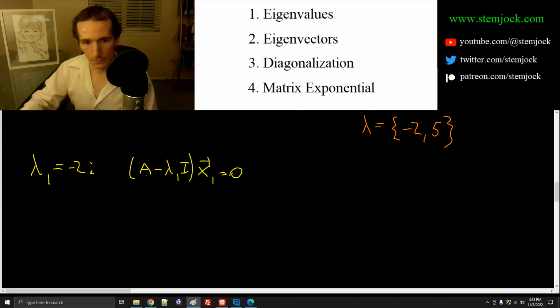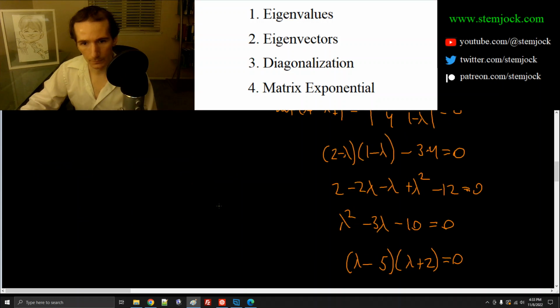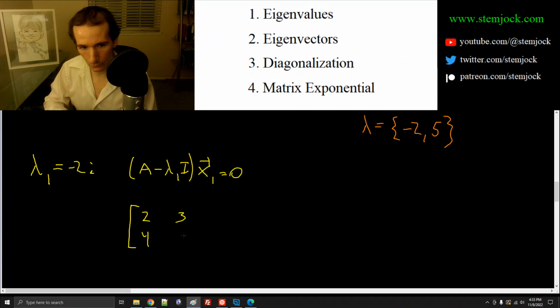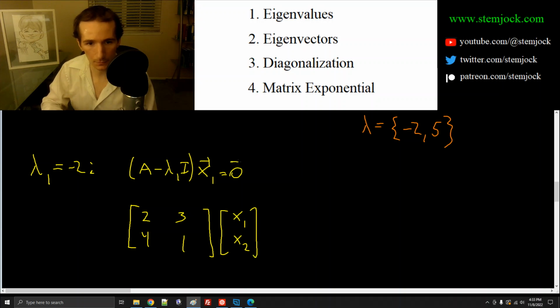So A is the same matrix as before, 2, 3, 4, 1, that's right. So this is going to be 2, 3, 4, 1. And the matrix x1 is going to have two entries in general. I'm just going to call them x1 and x2. Oh, and this is the zero vector on the right side.